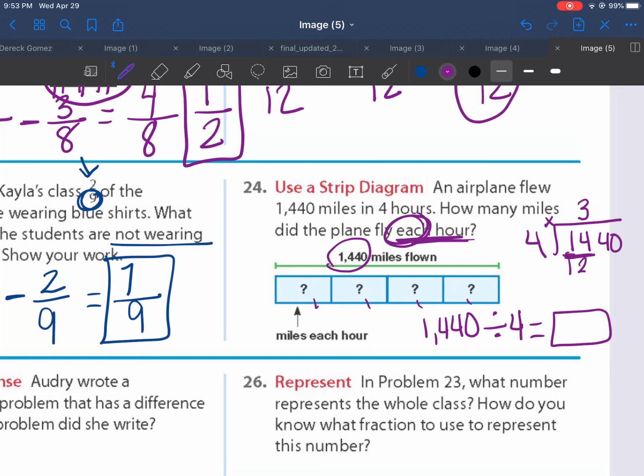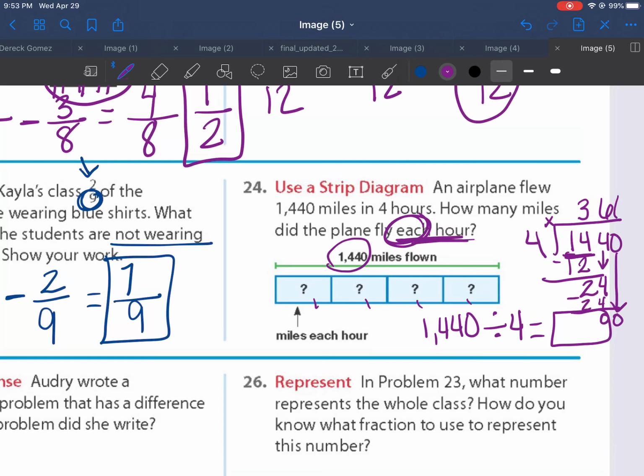Nothing. So I'm going to regroup. So I have 14. 4 times what gives me 14? 4 times 3 gives me 12. So now I'm going to subtract. 14 minus 12 is 2. So I'm going to bring down the 4. 4 times what gives me 24? 4 times 6 gives me 24.